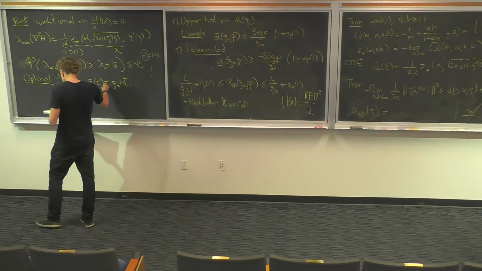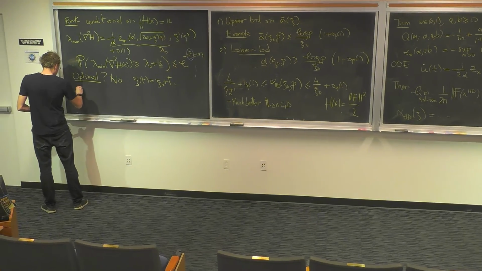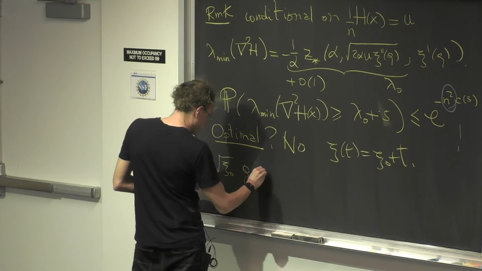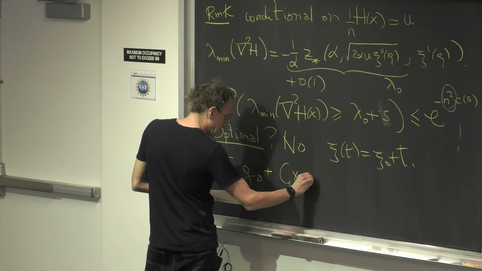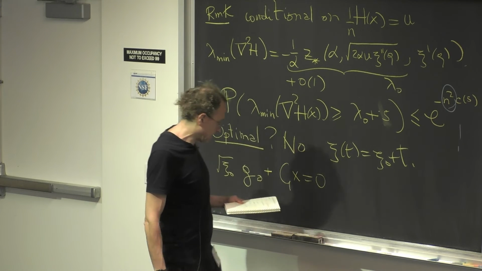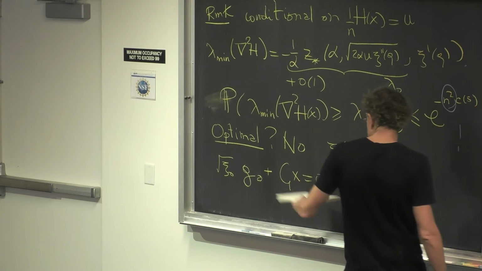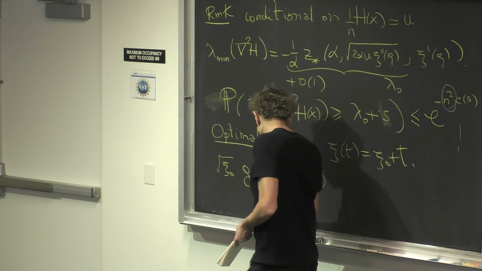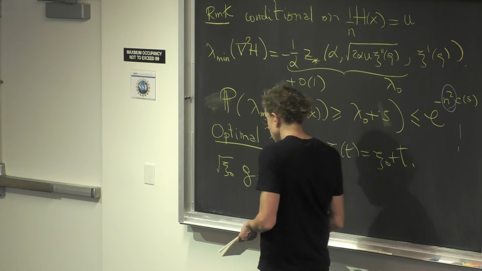On the other hand, in this case, it's very simple to solve the equations. The equations are really this times a vector g0 plus g of x equals 0, where this is an n by d matrix, and you want to find a solution with norm of x equal 1.